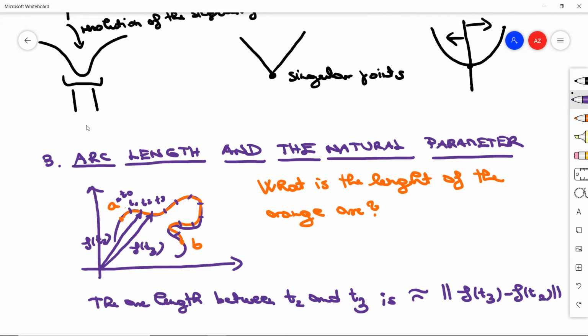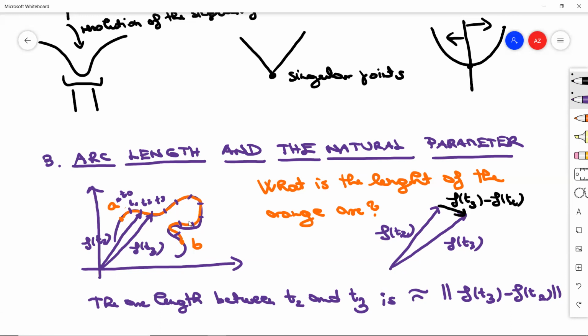I cannot draw all of these vectors because it would be too dense, so I will draw here f of t2 and then f of t3. I will draw this vector, and this is exactly f of t3 minus f of t2. And we approximate this arc length with the norm of this vector.